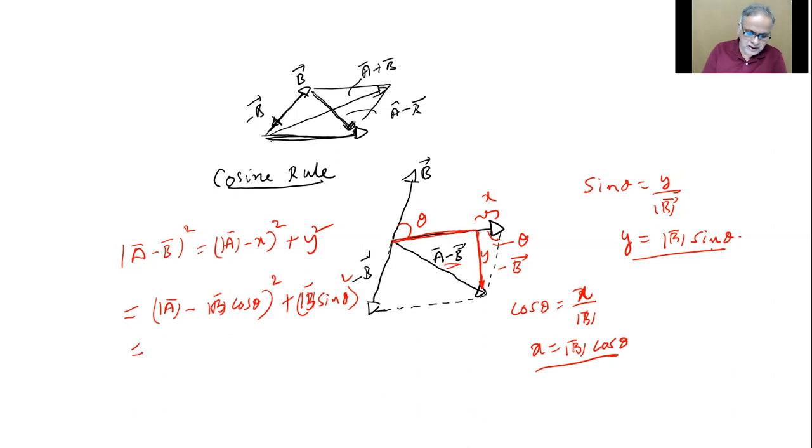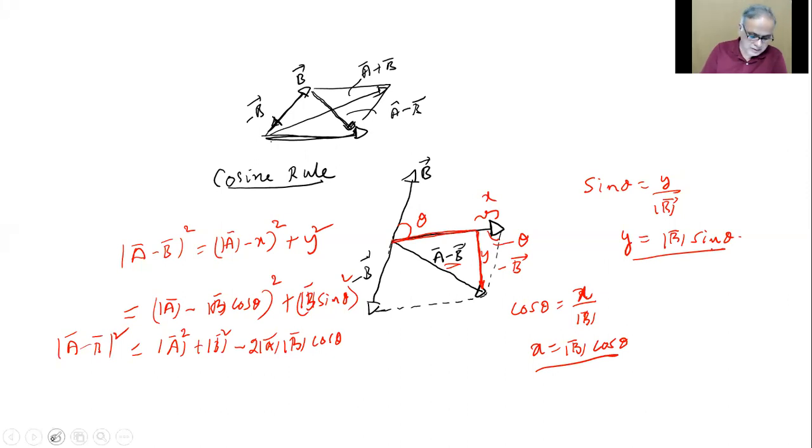So if I simplify it, I'm just writing one step, skipping a step here to save the space. Mod A square plus mod B square minus 2 mod A mod B cos theta. This is for mod of A minus B whole square.